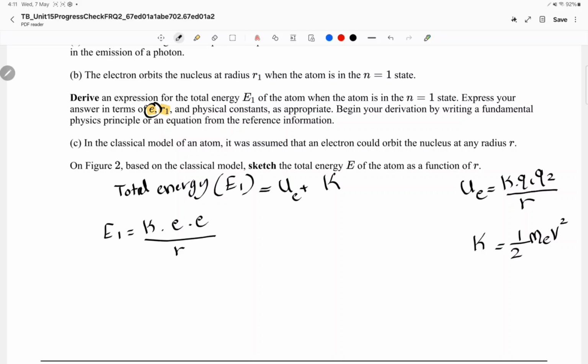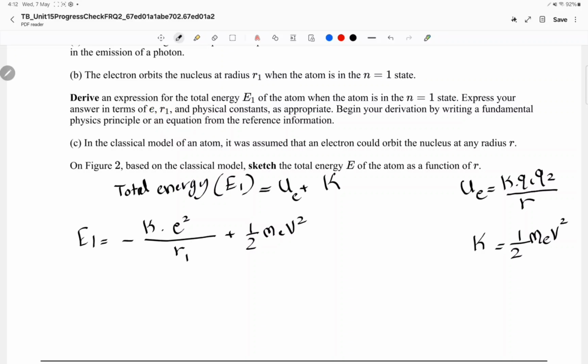But as we know, electrons are negative, right? So negative times positive is negative. So we're going to say E1 is equal to negative k, and instead of K, you should put half me v squared. e times e is going to be e squared. And the radius is going to be r1.